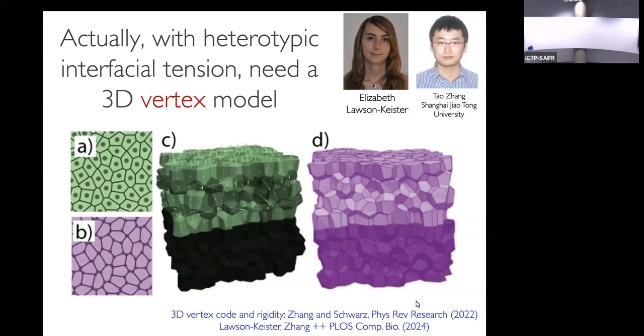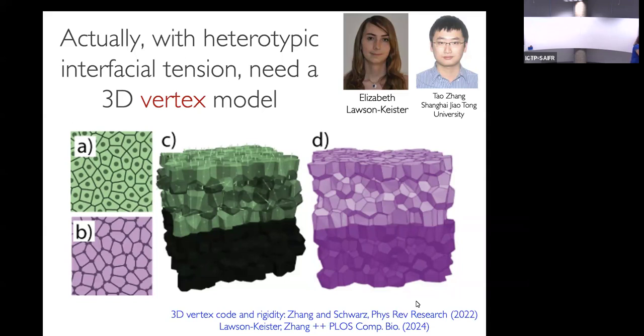So if you're interested in doing this, Tao Zhang and Jen Schwartz have open source code available for 3D vertex models, if you're interested in playing around. So we use their code, and Elizabeth showed that although the rigidity transitions are actually the same in both of these models for somewhat deep reasons, the interfaces are not the same in the 2.